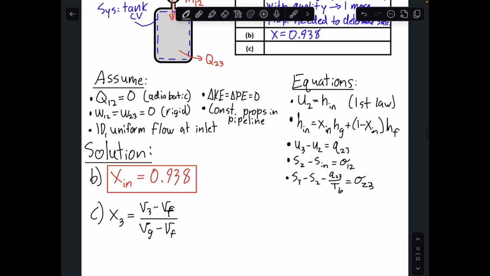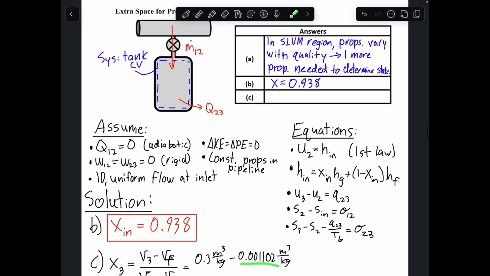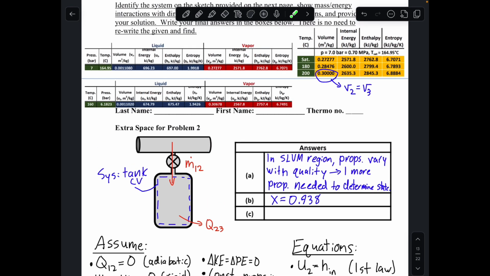So we'll see that this should be equal to V3, which is 0.3 meters cubed per kilogram, minus VF, which is 0.0001102 meters cubed per kilogram. This value comes from the table right here.